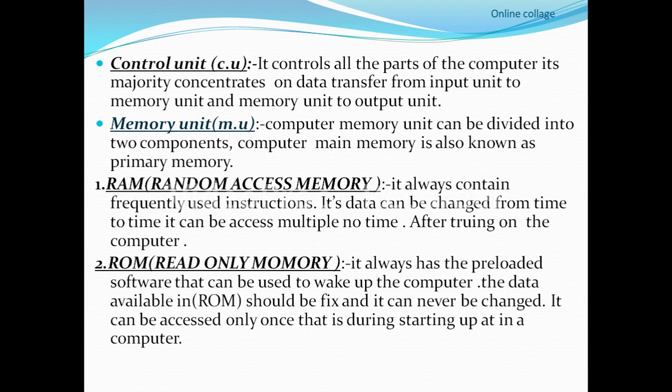RAM means random access memory. It always contains frequently used instructions. Its data can be changed from time to time. It can be accessed multiple times after turning on the computer.